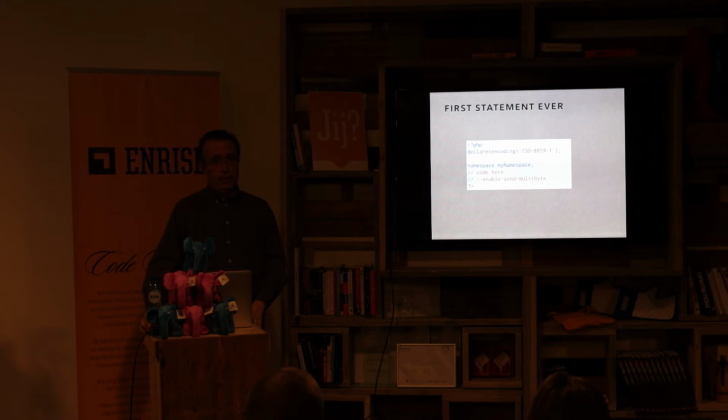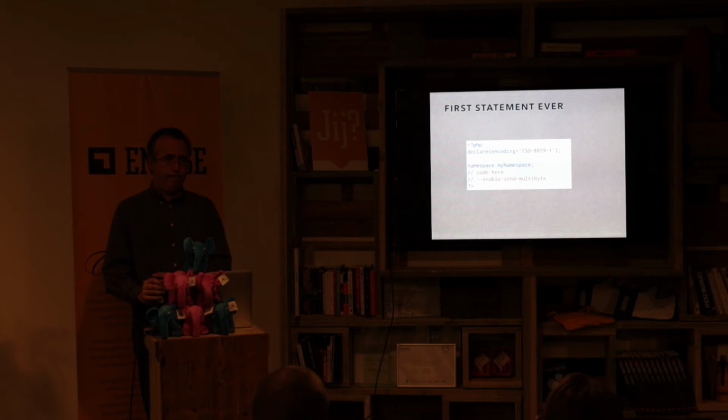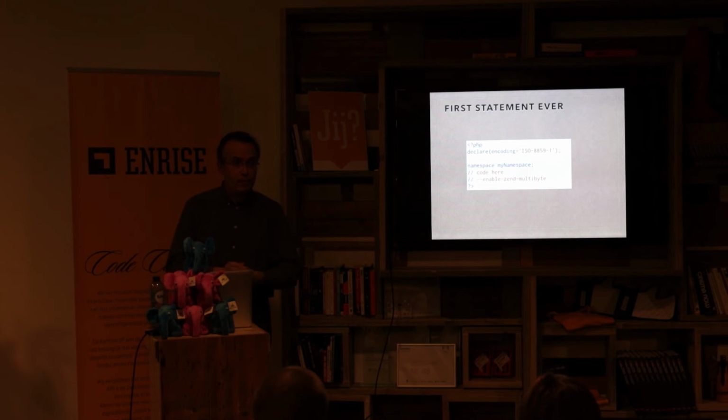And the namespace is second because the namespace is itself encoded. If you want to have a French namespace, why not? Actually, it's very fun to see ideograms in the code, because the ideogram will rely on ASCII, at least when we tried that a few years ago.